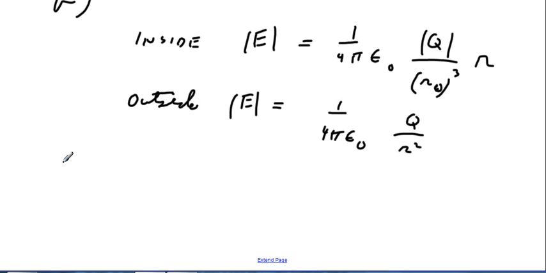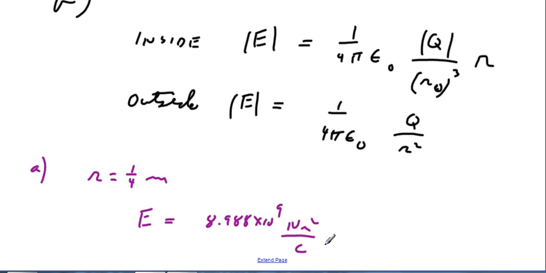So now we're going to redo part A, where R is equal to 1/4 of a meter, and we end up with E being 8.988 times 10 to the 9th newtons meter squared per coulomb squared, times 5.5 times 10 to the minus 6 coulombs divided by 3 meters cubed, times 1/4 meter.